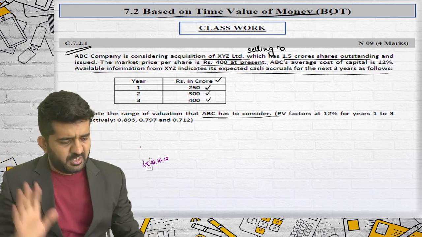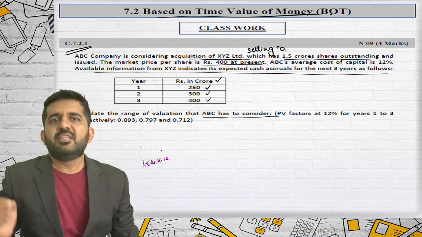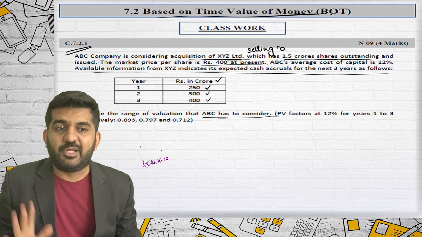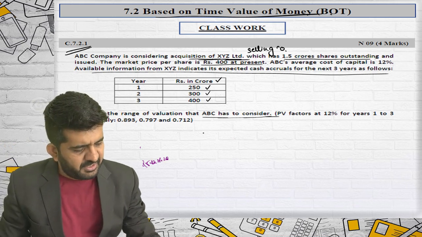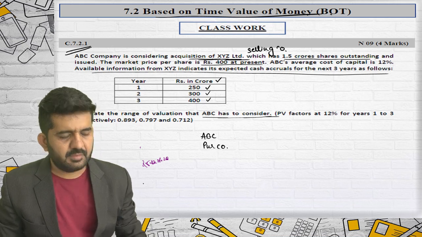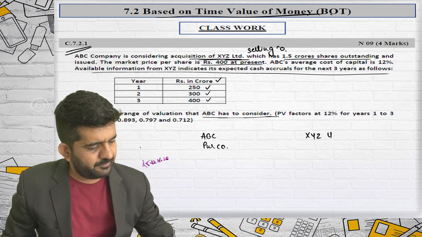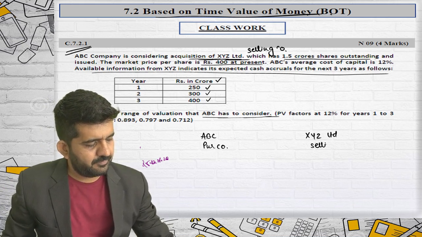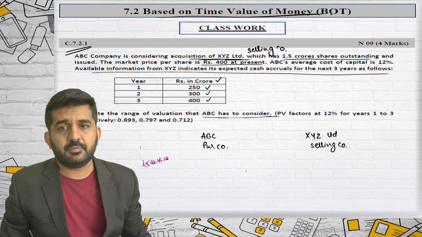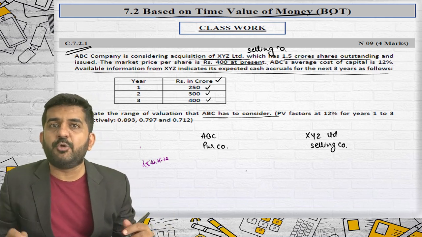Alright. First, I am valuing from our general point of view. That is a market value. Sorry. ABC company is a purchasing company. Which company is selling? XYZ Limited. How many number of shares? What you are valuing? Selling company.